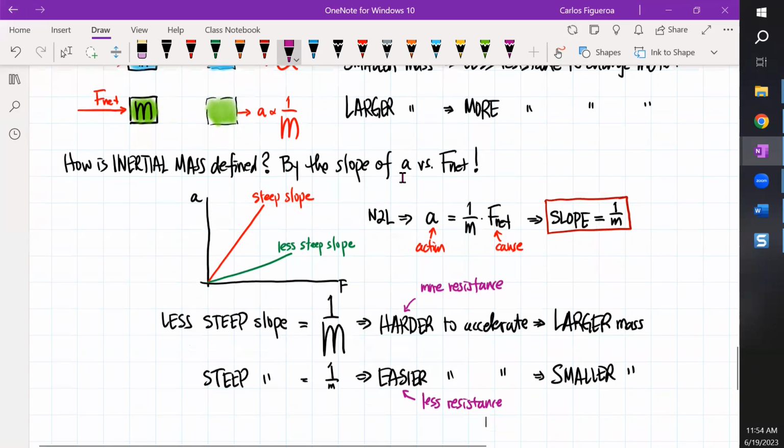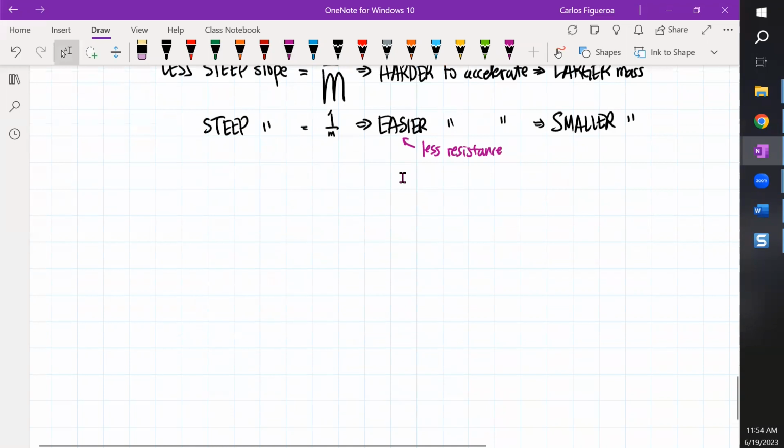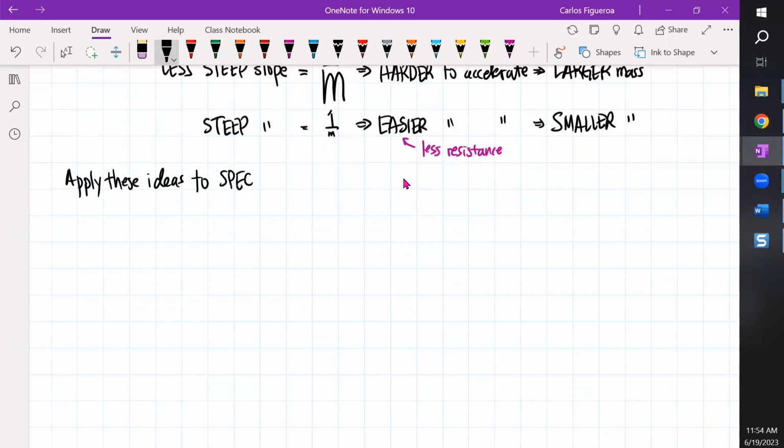Now what I want to do is take this idea and apply it to specific heating. So let's look at what specific heating tells us here.